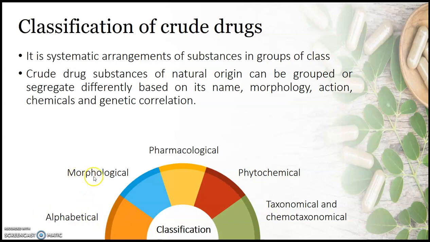In morphological classification, the morphological parts are considered for classification. Here we can say that the therapeutically utilized crude drug parts of the plants are considered. For example, in the case of tulsi, we know that tulsi leaves are important to show the therapeutic effect, so tulsi will be classified under leaf.